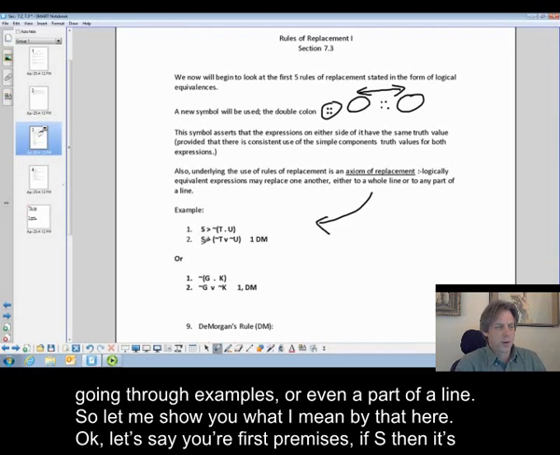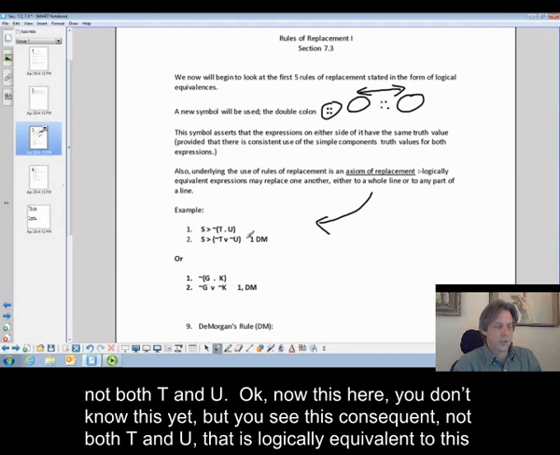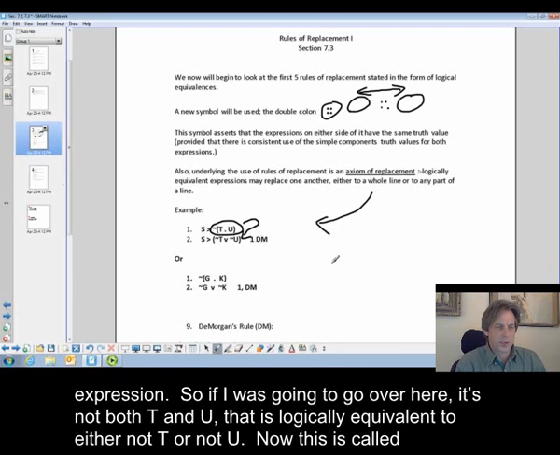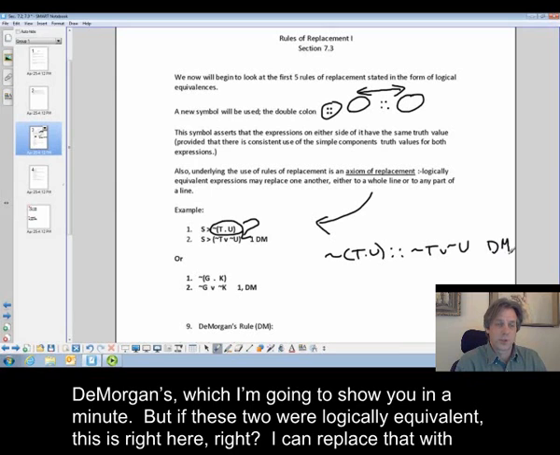Let's say your first premise is, if S, then it's not both T and U. Now you don't know this yet, but you see this consequent, not both T and U? That is logically equivalent to this expression. So if I was going to go over here, it's not both T and U. That is logically equivalent to either not T or not U. Now this is called De Morgan's, which I'm going to show you in a minute.